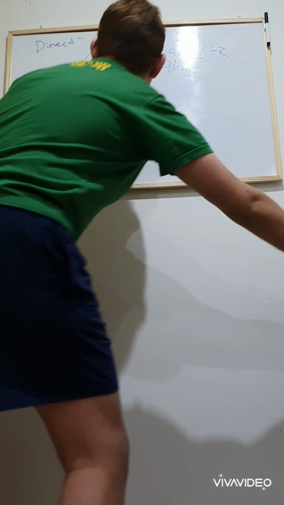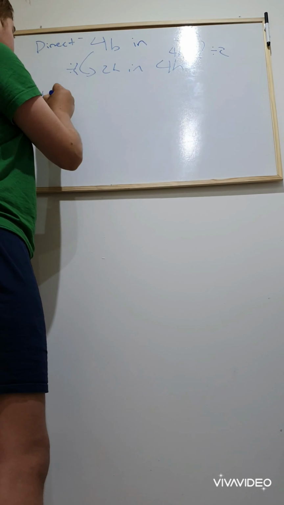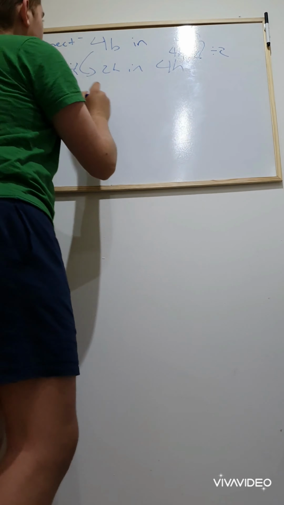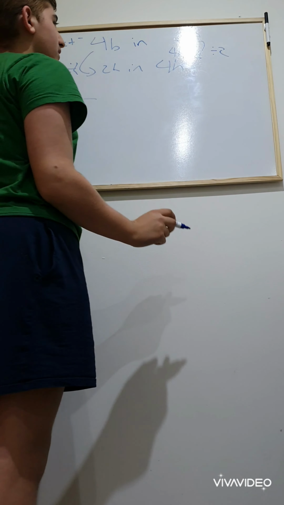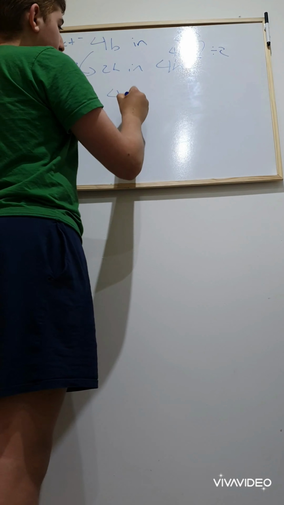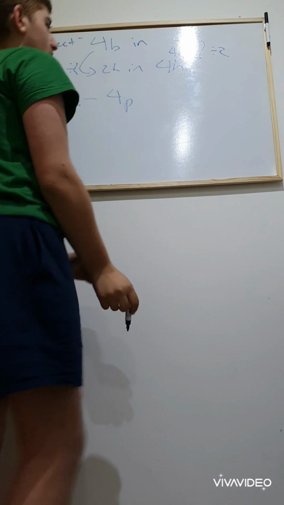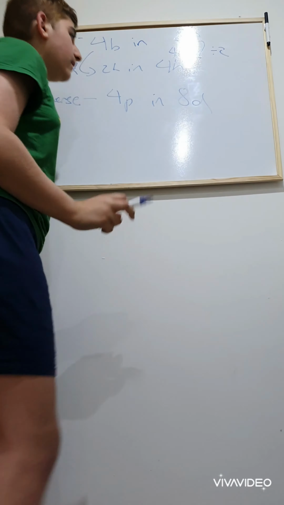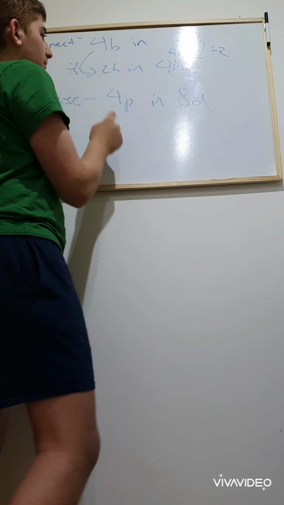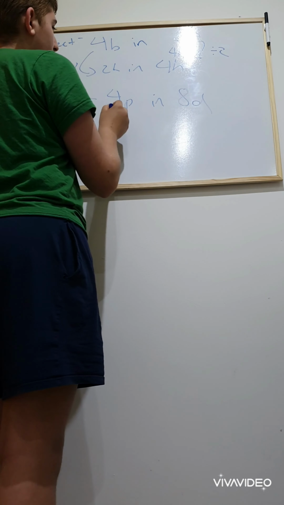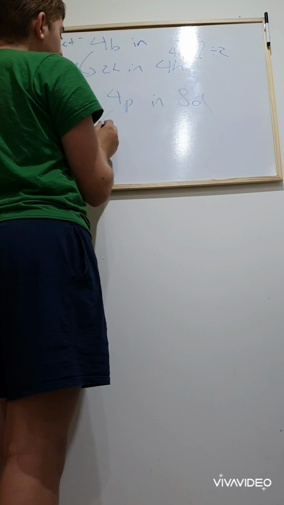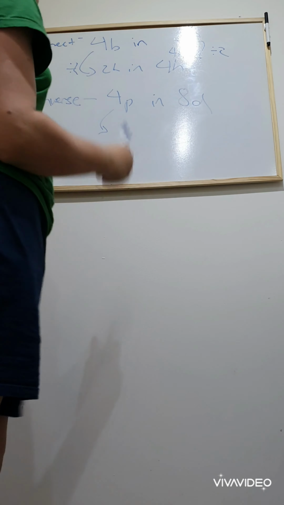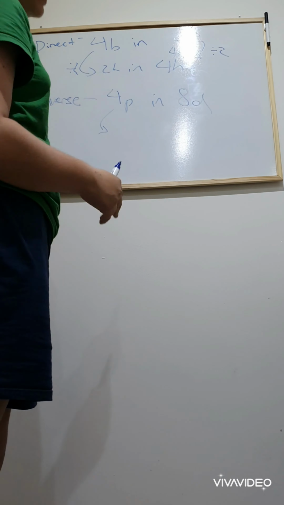Whilst with inverse, which is on the board, if you had, for example, 4 people, P for people, in 8 days, the more people, the fewer days, because more people will take fewer days, right?